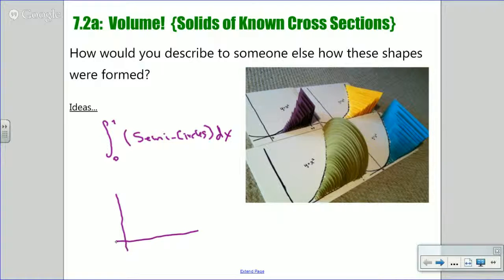So I have this function y equals x squared, and I want to go from 0 to 1, and I'm going to just tack on a whole bunch of semicircles on here, right, until I get to 1. And what I'm doing is I'm setting the diameter, right?